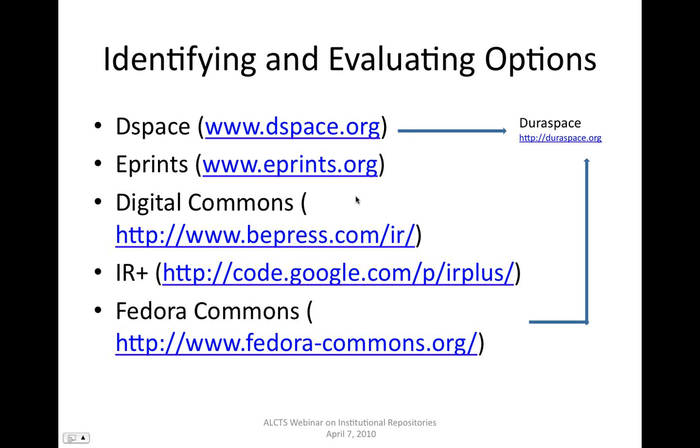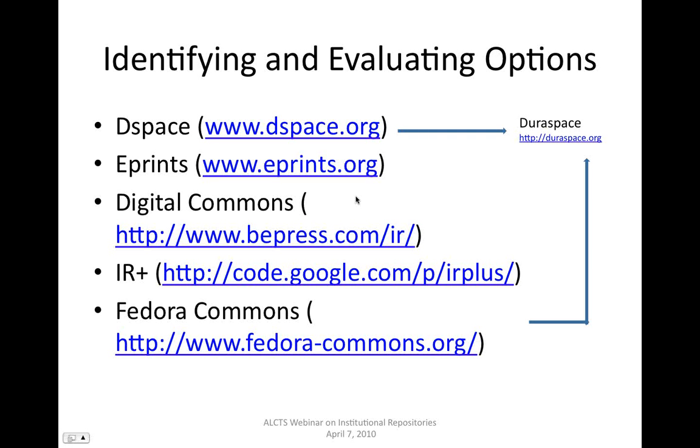Also, obviously, the developers of the IR platforms themselves provide a lot of useful information as you begin to look at the different options. And so here I've just listed a few of the more prevalent platforms with links to their websites. The DSpace and Fedora Commons are now administered under the DuraSpace initiative. So if you go to DuraSpace, you'll actually find information about both Fedora Commons and about DSpace.